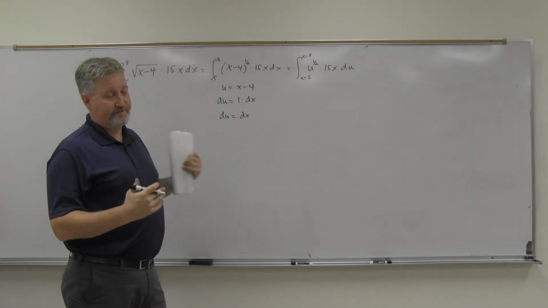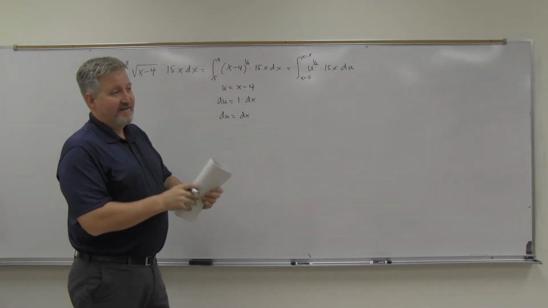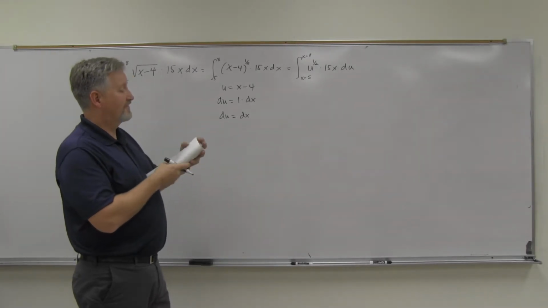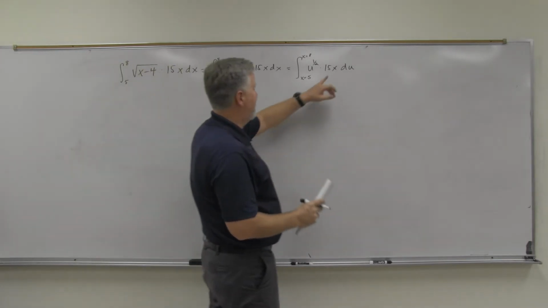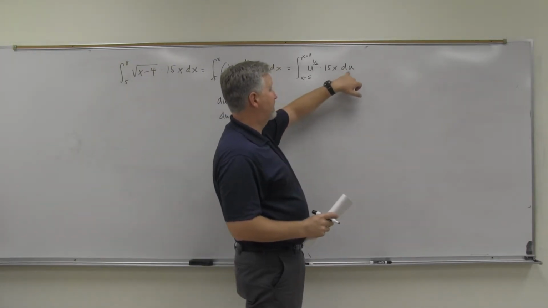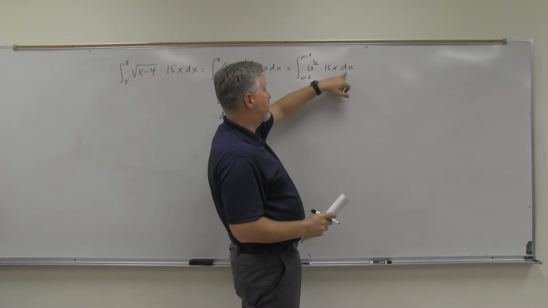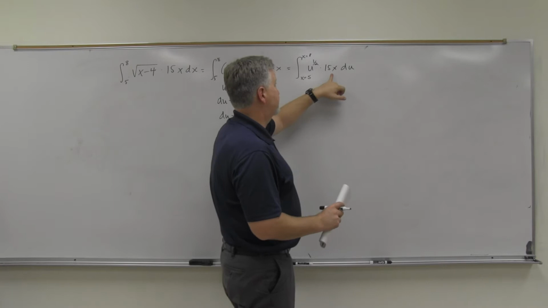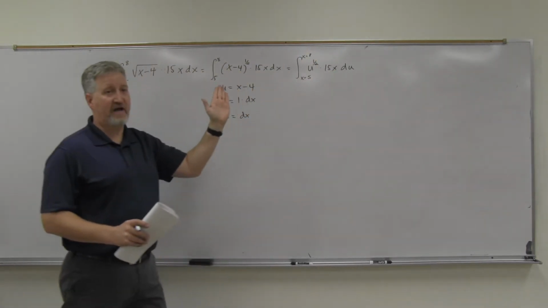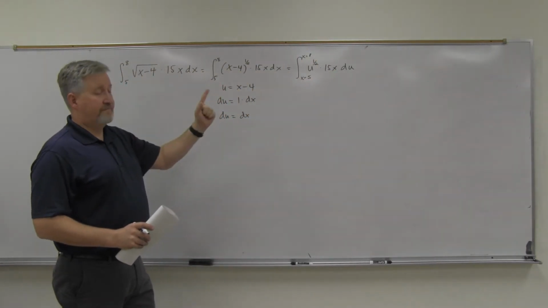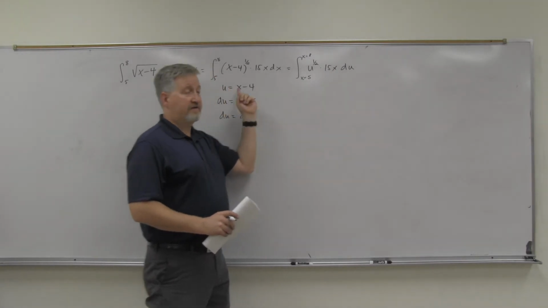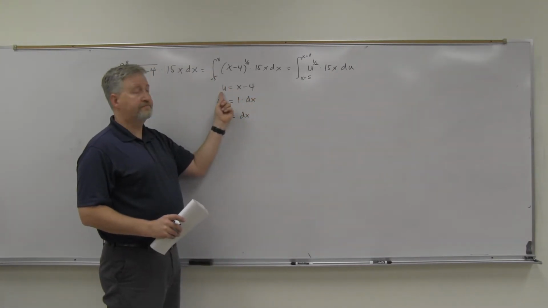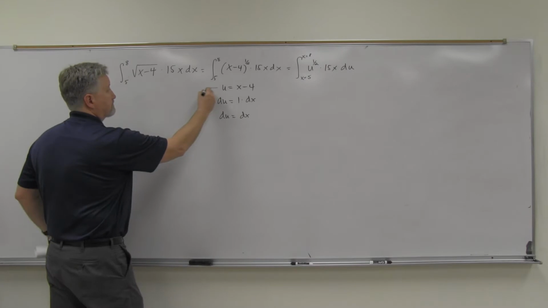Now, we talked about just a second ago, in some cases having an x is bad, but that's if you've got, in the way I'm doing it, an x in the denominator of du. We don't have that problem here. This is an x on, if you will, the side of du. So that problem can be fixed by just going back to the original equation here. Solve that for x.